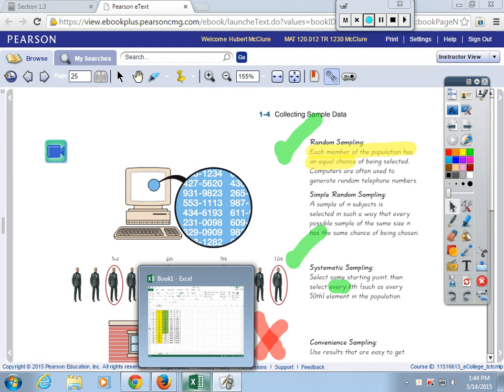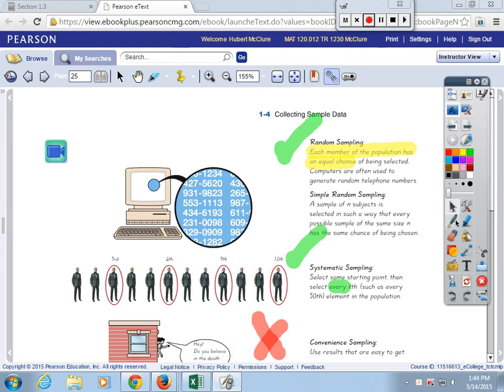Call in right now and tell me if you like rock music or not. Yeah, they probably like it if they're listening to it. So that would be a convenient sample. It's not reliable. So that one is, just know what it is, but no, it's not reliable. It's the least reliable.